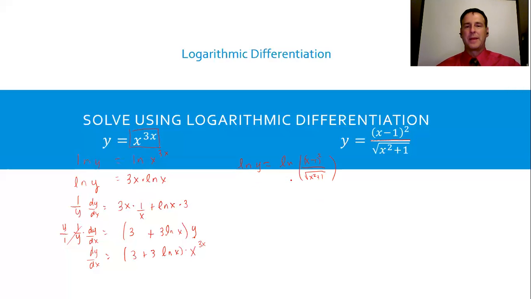Now, from here, based off my rules of logarithms, I can separate this into two pieces. I could say this is the natural log of x minus 1 squared. Let me erase that.